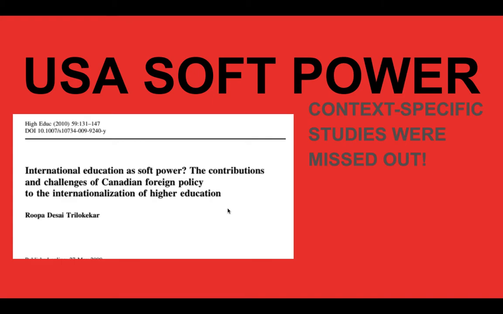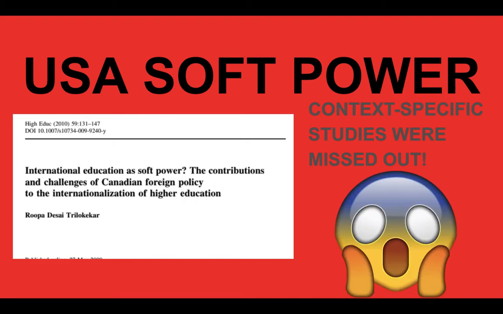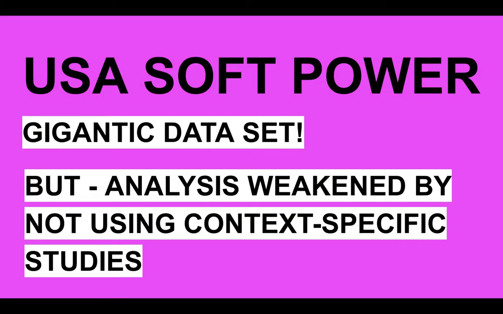For example, this particular paper found on JSTOR, which analyzes almost the same essay question, but from a Canadian point of view, using international education as part of a country's soft power, was not included in the methodology design, and so led to a weaker analysis. Oh dear. However, the gigantic dataset saved the day, and this extended essay did pass. The gigantic dataset was good, but the analysis was weakened by not using context-specific studies.